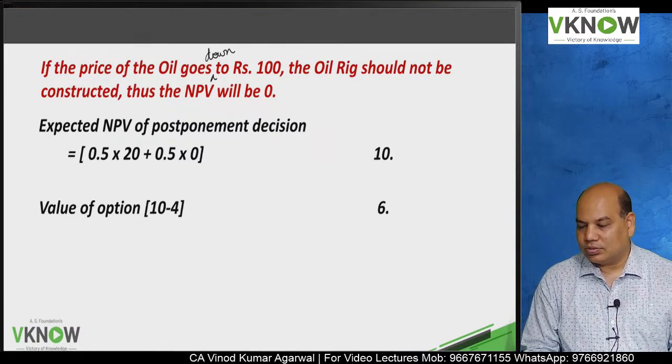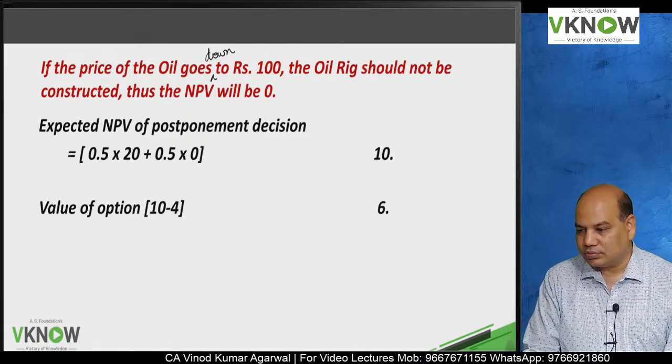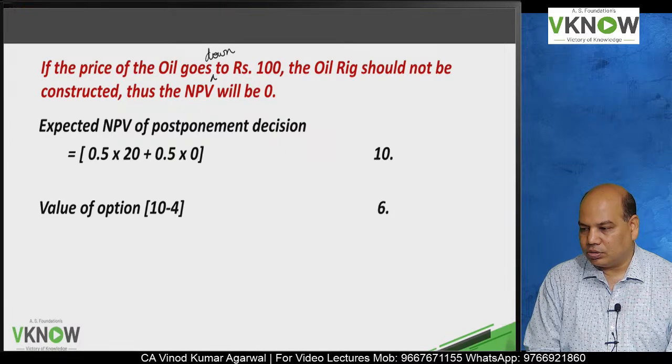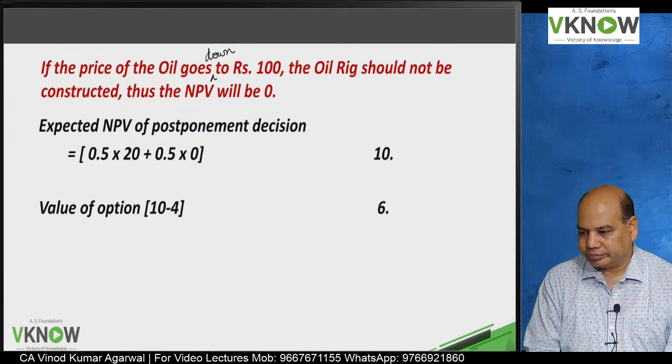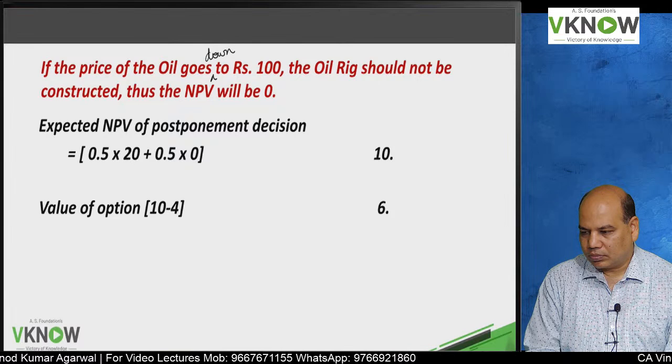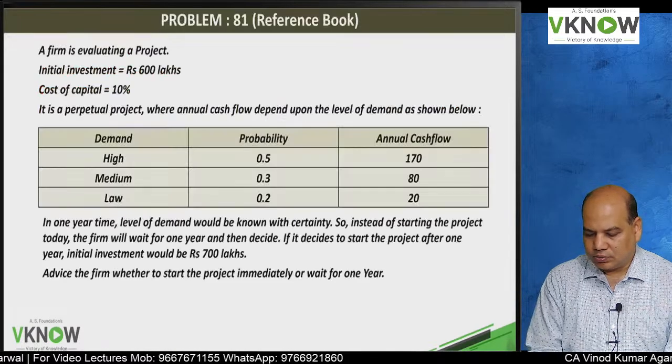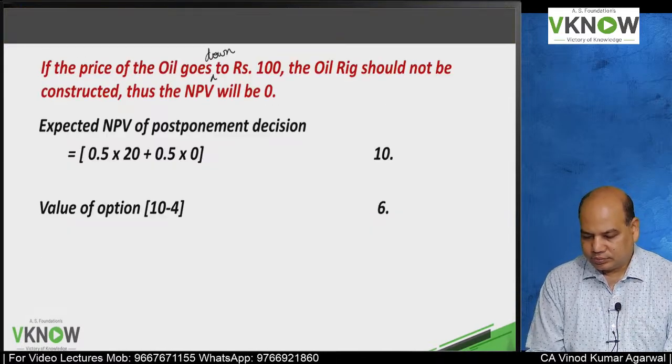Next line write down value of the option: 10 minus 4, 6.